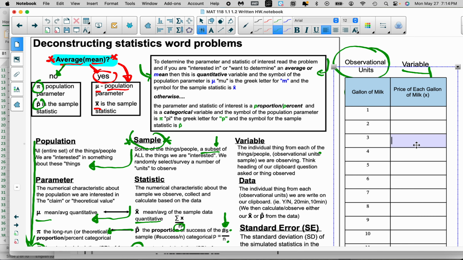So for each gallon of milk, the price varies based on which gas station we're in. This is the variable. The variable is what is the price of each gallon of milk that we're sampling. It's not the average price. The variable is the thing that changes from each thing that we observe, which is the price of each gallon.